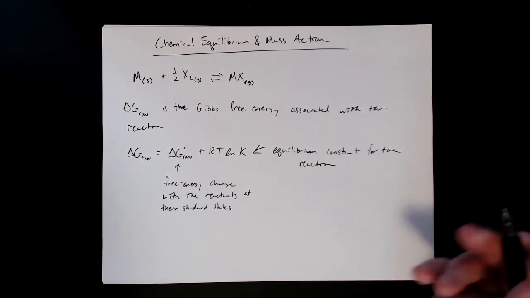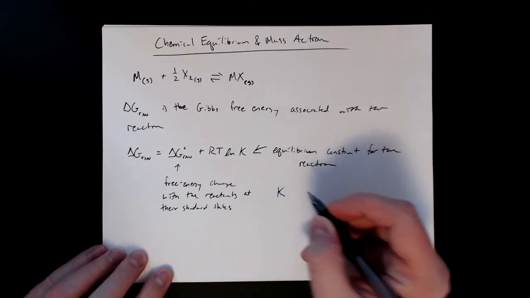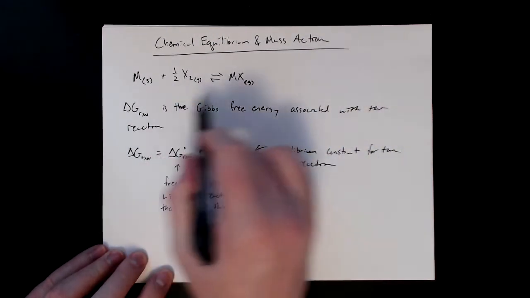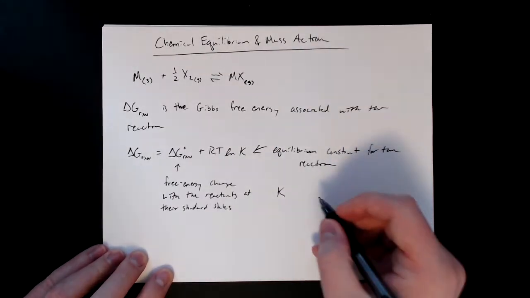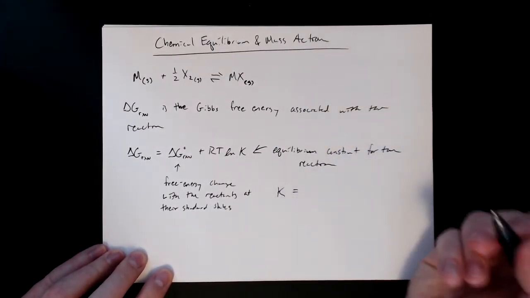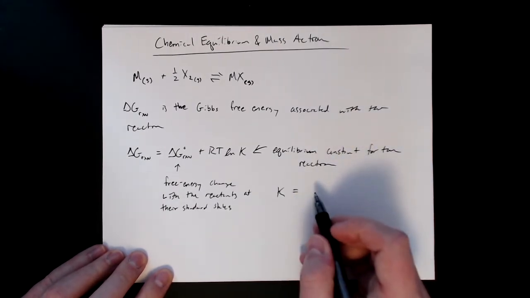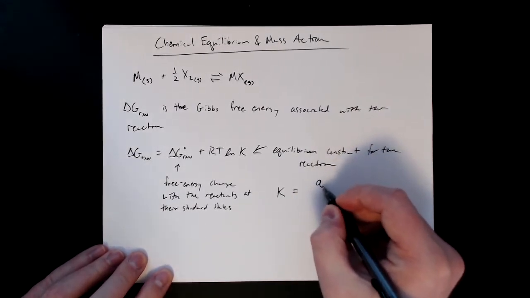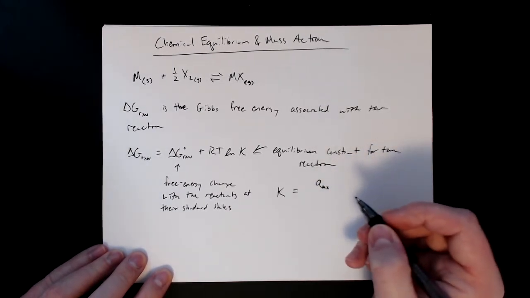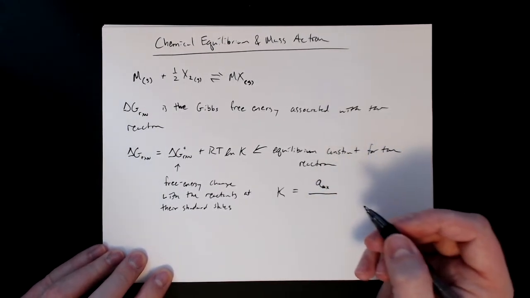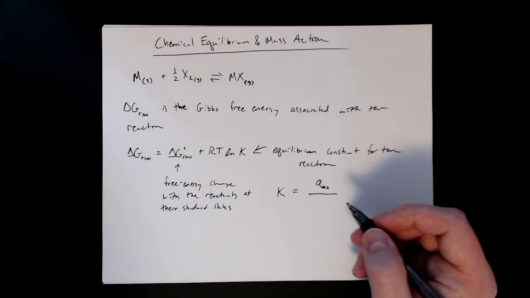And it's defined, K for this generic reaction that we have up here, is defined by activities. So this is why we talked about activities last time. And it's going to be the activities of the products, so the activity of MX over the product of the activities of the reactants.